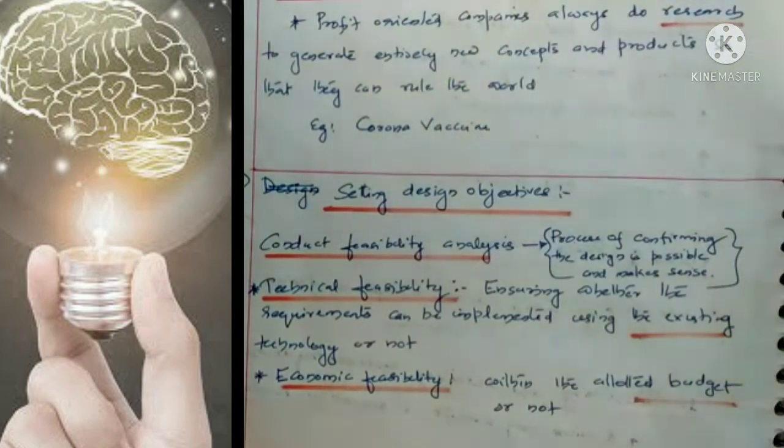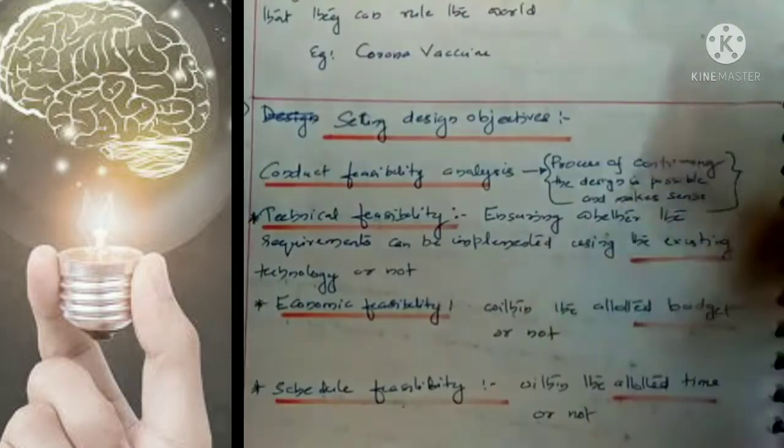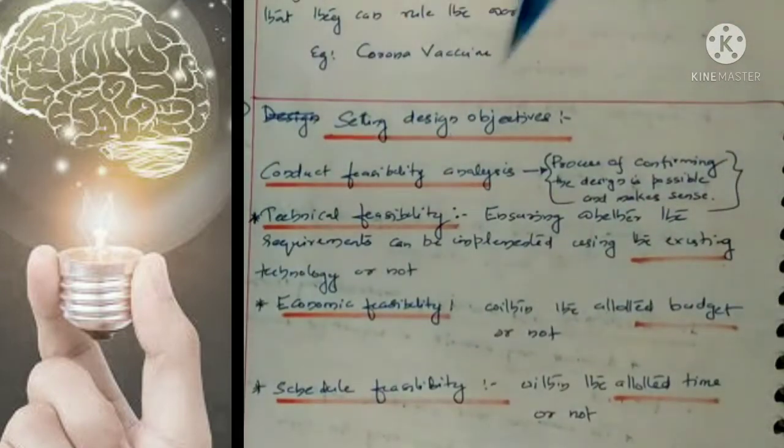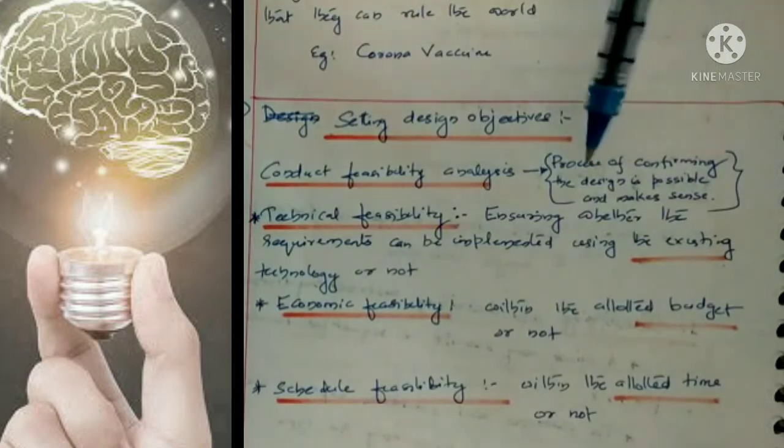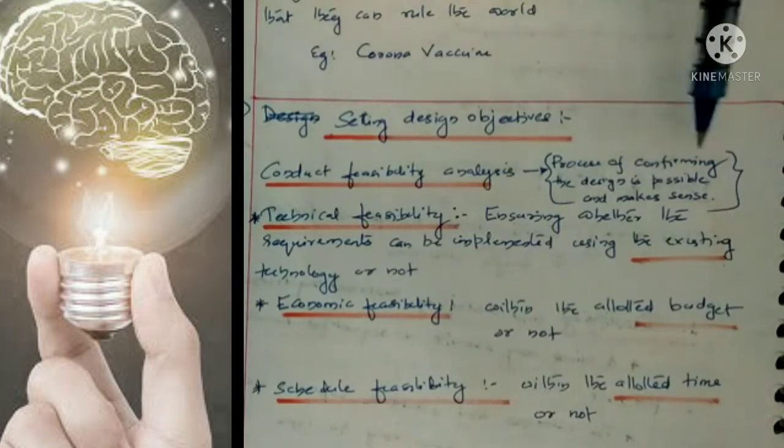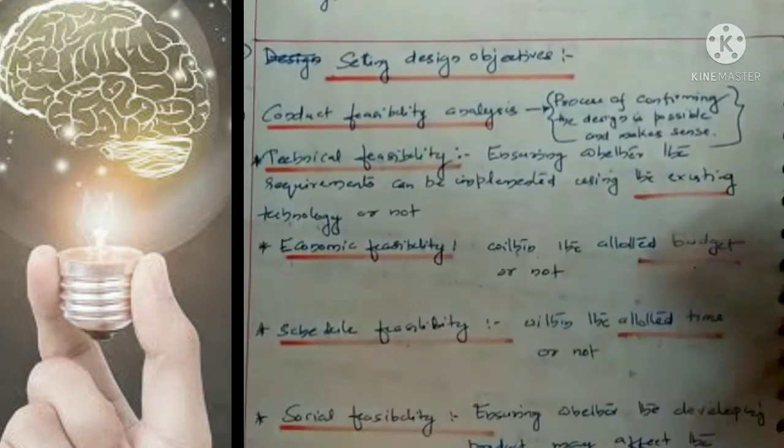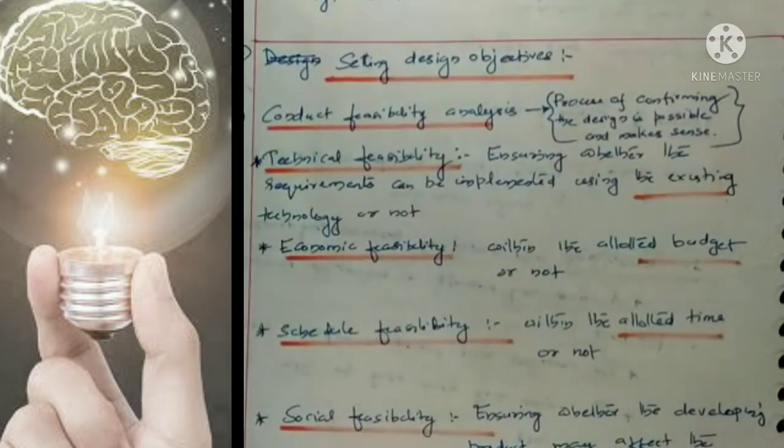Okay, so for that you need to do some analysis. First one is conduct feasibility analysis. What is feasibility analysis? Process of confirming the design is possible and makes sense. Okay, first you need to think whether this design is possible. Otherwise, the whole process will be in vain. So first one is technical feasibility.